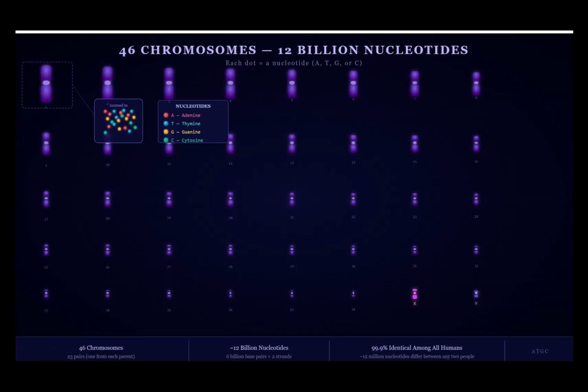Now in that second copy of the book, basically the cell of somebody else we're talking about, we have 99.9% of the letters in exactly the same places, same pages, same spot within each page as in the first book. The same nucleotides or same letters on the same pages, same spot, same everything.